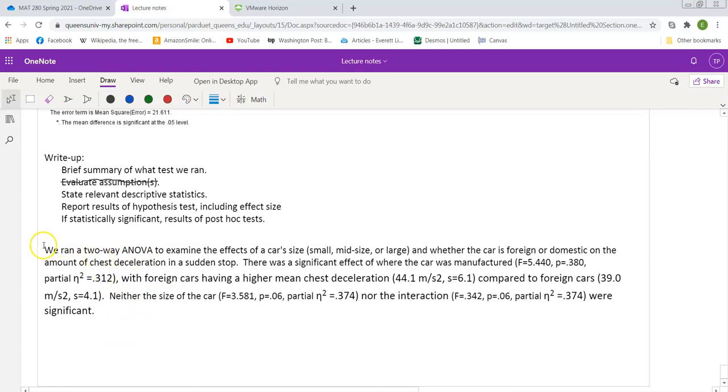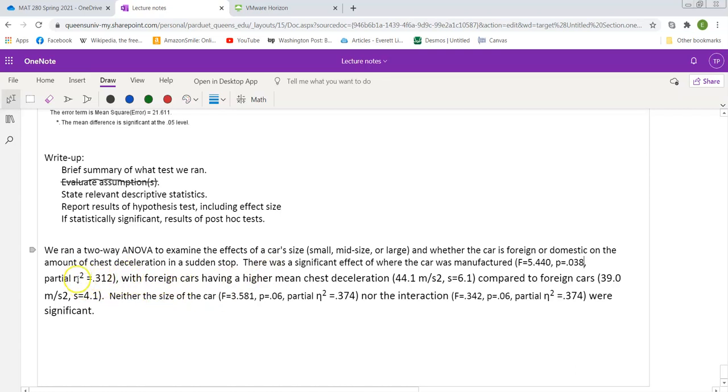But let's talk about this analysis a little bit. The first sentence is just our basic summary saying here's what we did. In the second sentence, I said there's a significant effect of where the car was manufactured. And then, boy, it should be 0.038, not 0.380. So you state your F, your p-value, and your partial eta squared. You can state that as partial eta squared or eta squared with a subscript of p, either one.